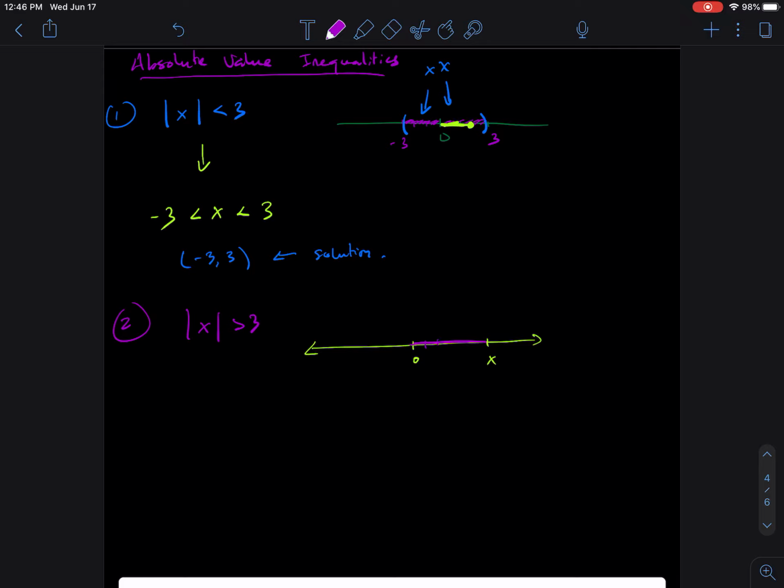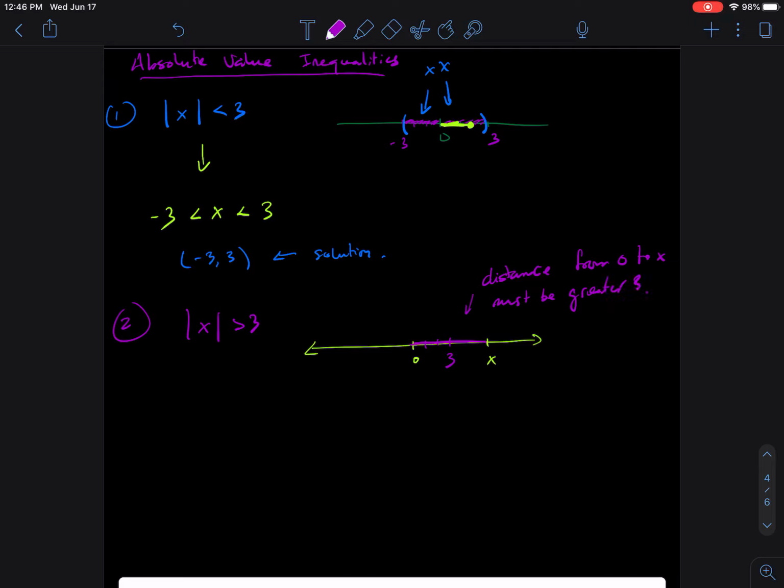So 1, 2, 3, here's 3. If x is picked on the right side of 3, it's going to yield a distance from 0 to x that must be greater than 3.